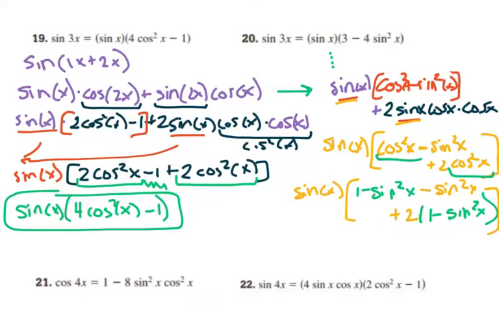Alright, so finally got a lot of sine squareds because that's what we need for this piece. So let's see, sine of x is still out front, but then we have 1 minus sine squared of x, and then another sine squared of x being subtracted, and then 2 distributed into here makes 2 minus 2 sine squared x.